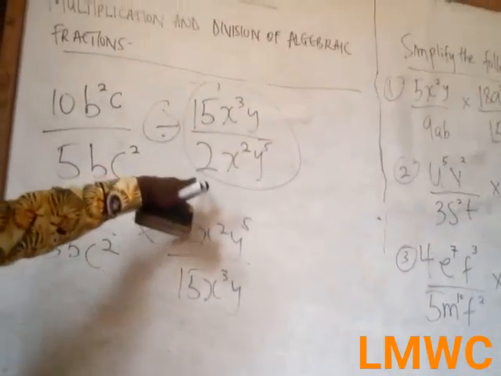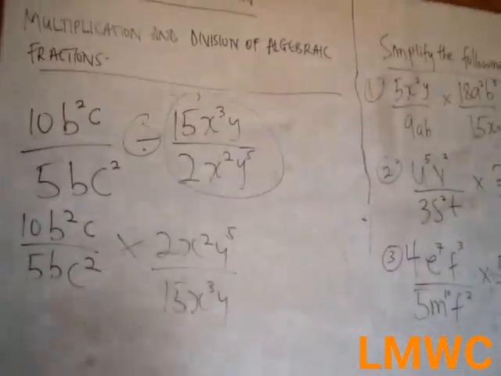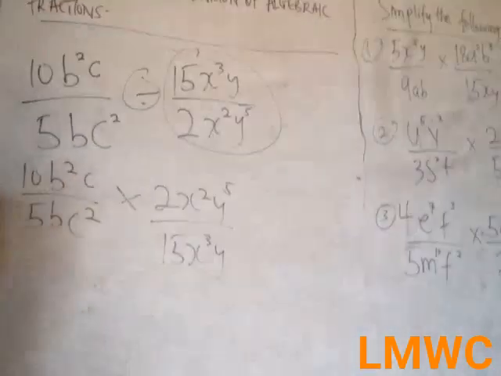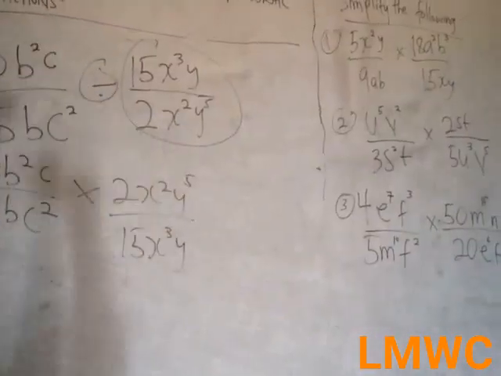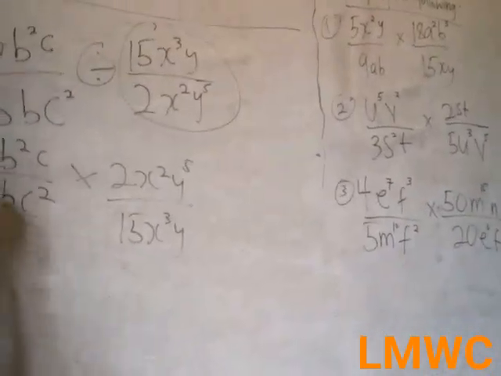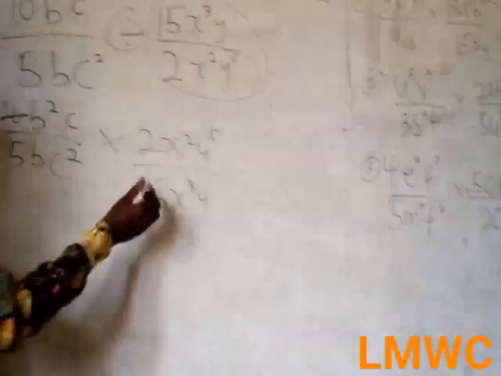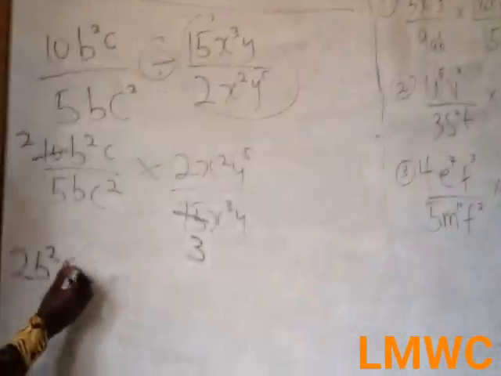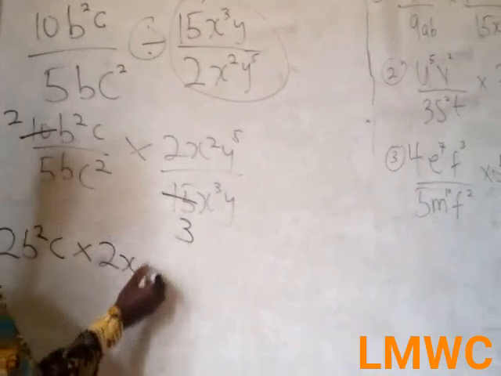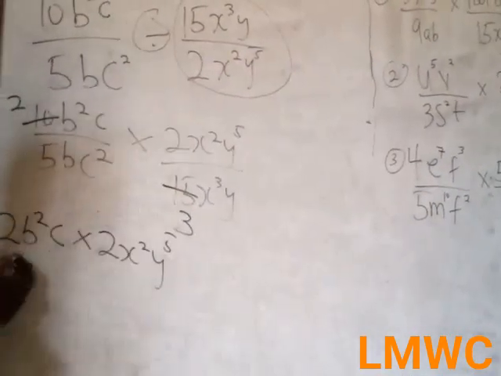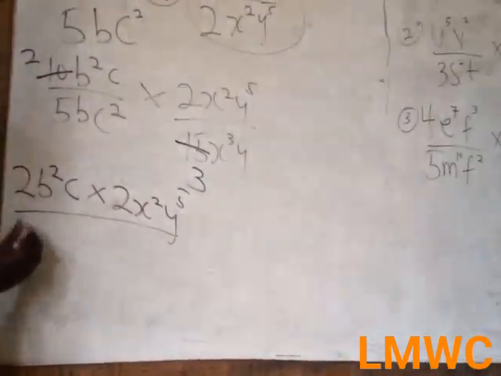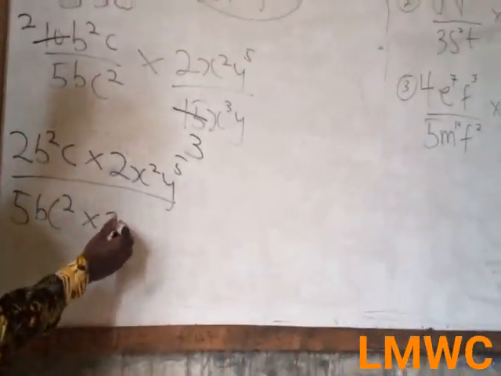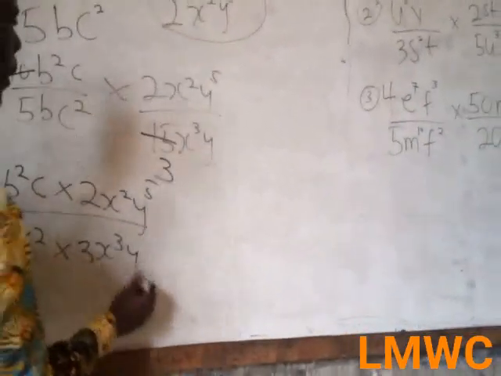So once you have found the reciprocal, the division sign will change to multiplication. So once it has been changed to multiplication, you multiply the numerators and you multiply the denominators too. So 5 goes here 2, 5 goes here 3. So you have 2b^2 c times 2x^2 y^5 over 5b c^2 times 3x^3 y.